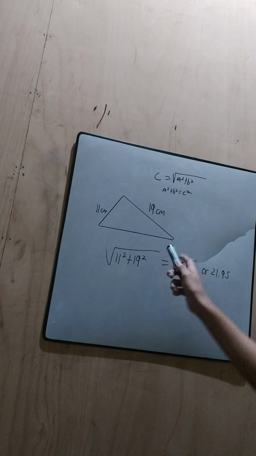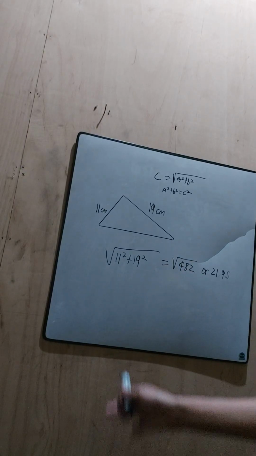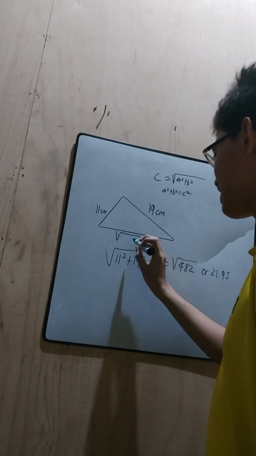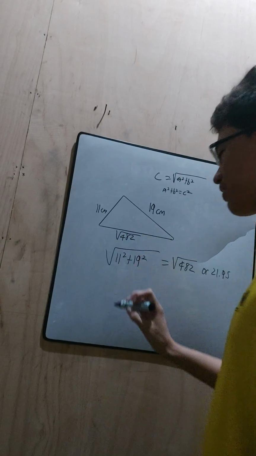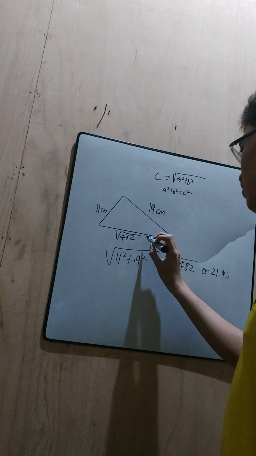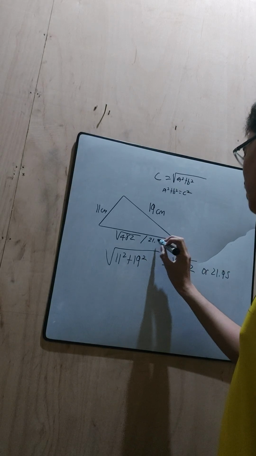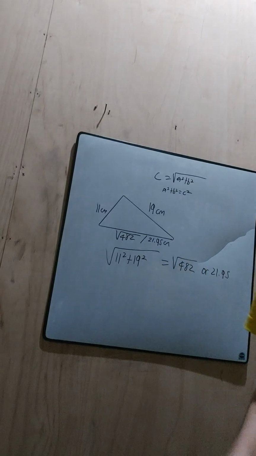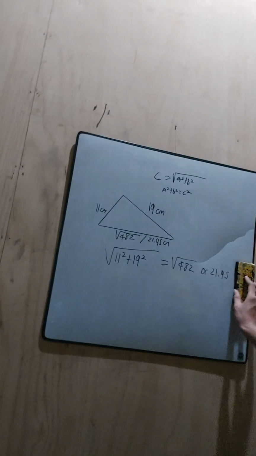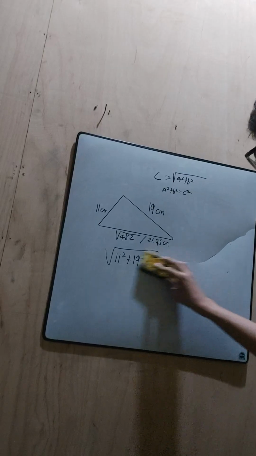So that's our value for C. Alright? Now we know that the measure for this side is the square root of 482, or 21.95 centimeters. Alright, now we know. That's our hypotenuse, alright?